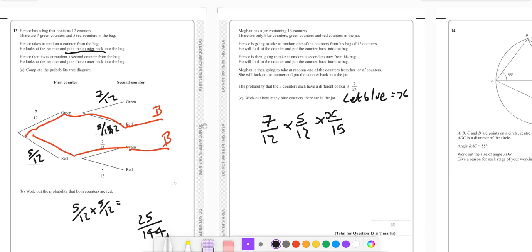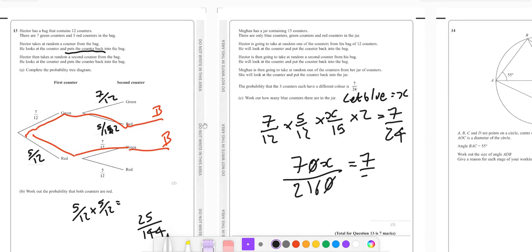And that's actually exactly the same, so double that has got to equal 7 over 24. So if I multiply all the top of that, I've got 7 5s are 35, so I've got 70x over 2160, so that equals 7 over 24.